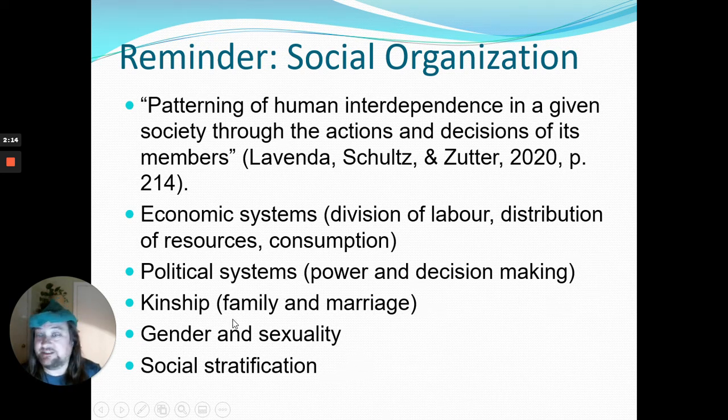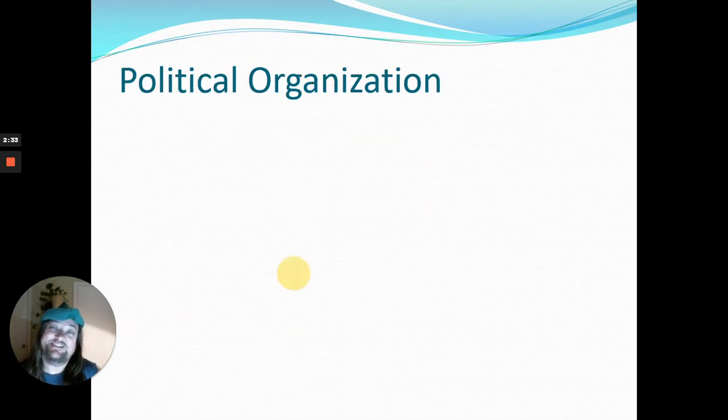This week's material is also connected, and we'll refer to that in the slides, with direct connections to economic systems, in terms of the work people do, access to resources, things like that. So let's jump right into it.